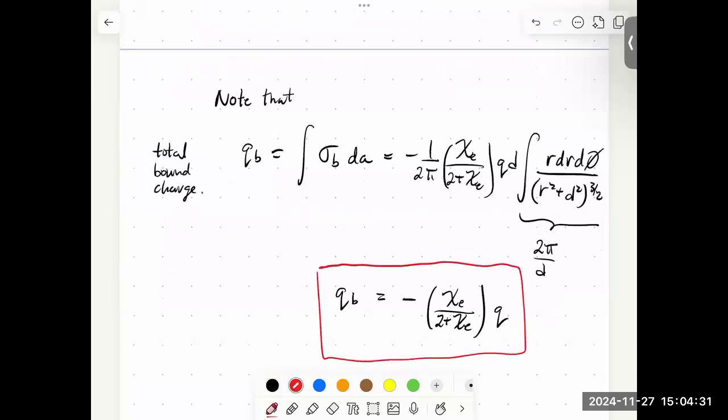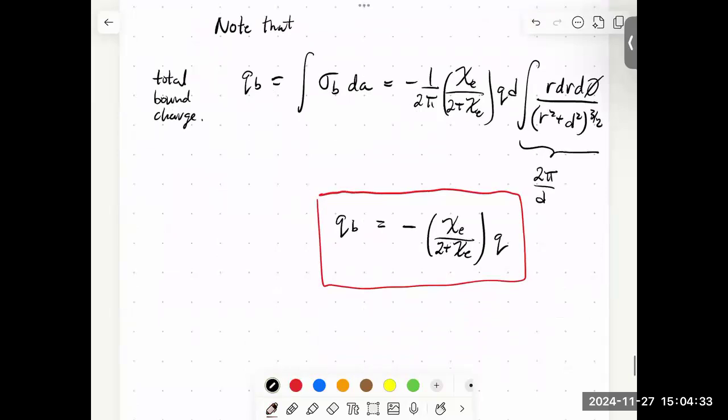Now, this is something that we could check to see if it makes sense. If the susceptibility is 0, susceptibility is a good name, right? It's how susceptible is your material to becoming polarized. If it's 0, it can't be polarized at all. We would expect no charge. And if I put a 0 here, QB is going to be 0.